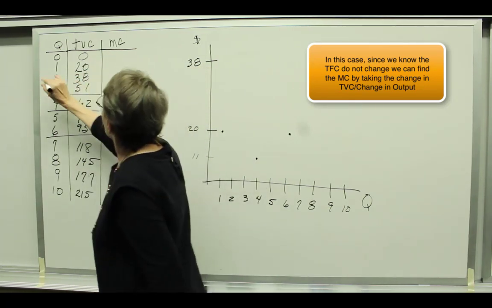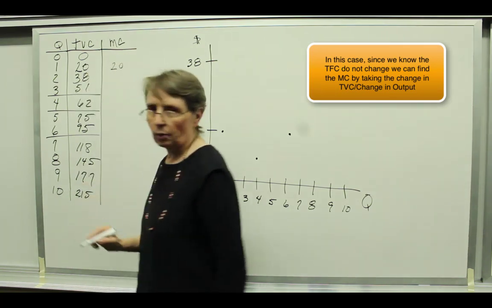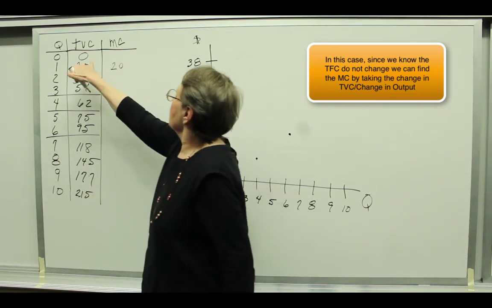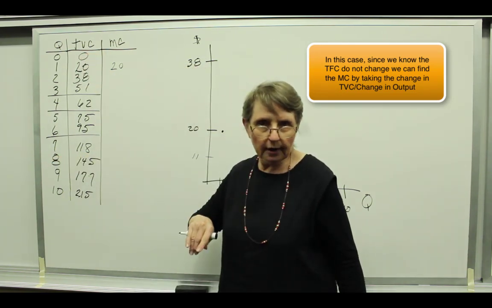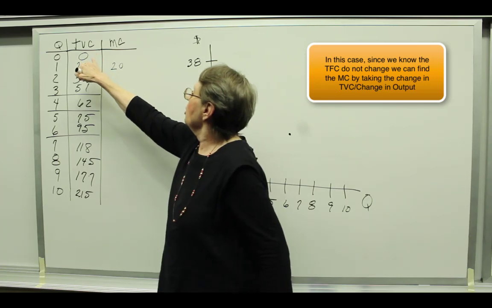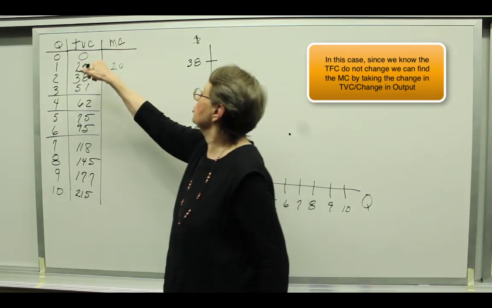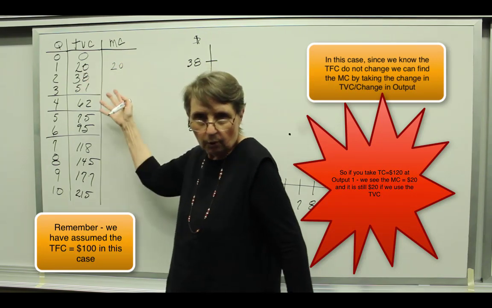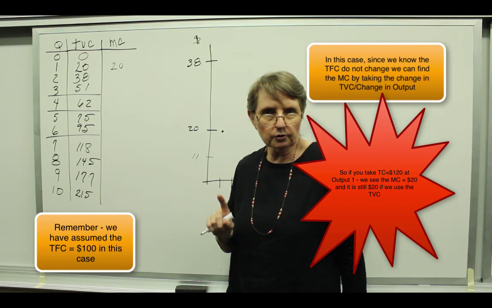So the marginal cost of the first unit is $20. Even though my total costs of producing nothing are $100, my total costs of producing one unit are $120, so that change was from 100 to 120, so the change is 20. The marginal cost of the first widget is $20.